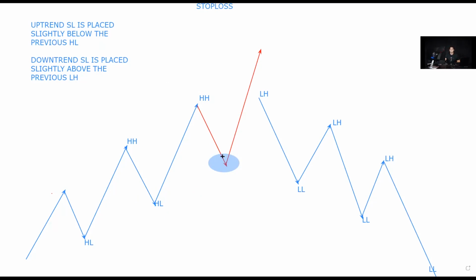If we're entering here, this is not the previous high or low, so we would not place our stop loss slightly under this one. We've got to look at the previous high or low before this one, which is all the way down here. So your stop loss would go slightly below the previous high or low. Okay, and that was an uptrend.